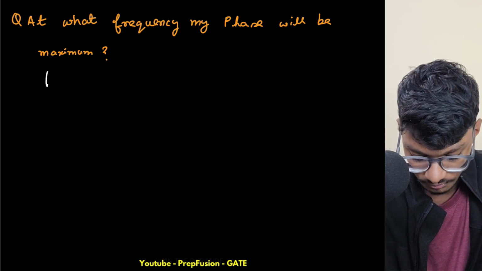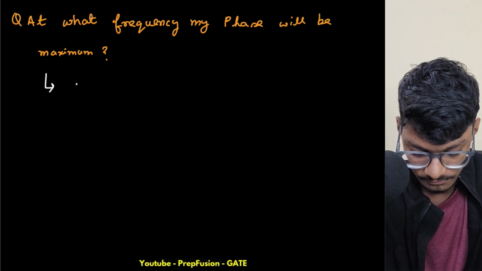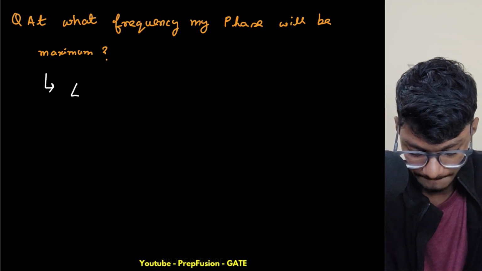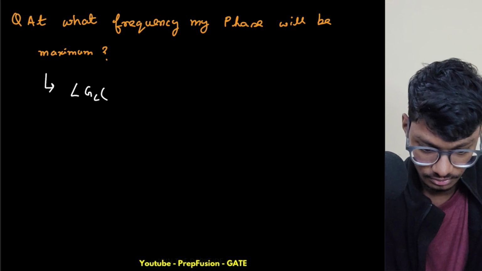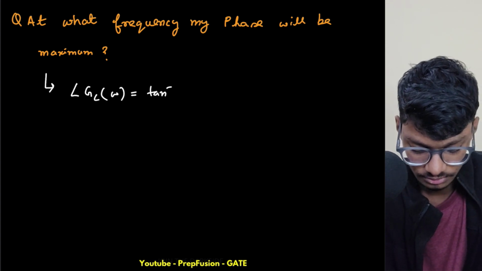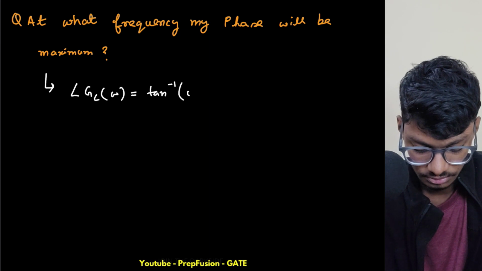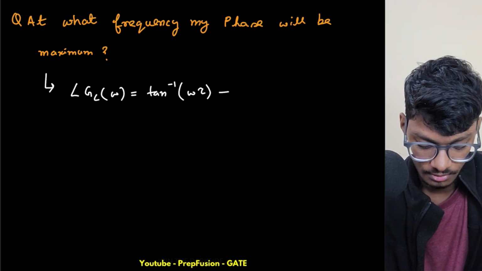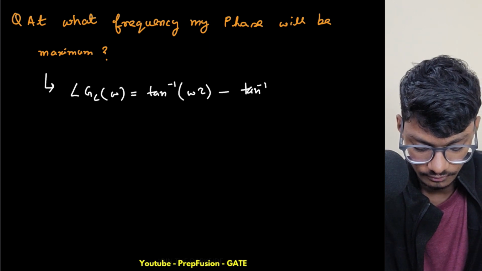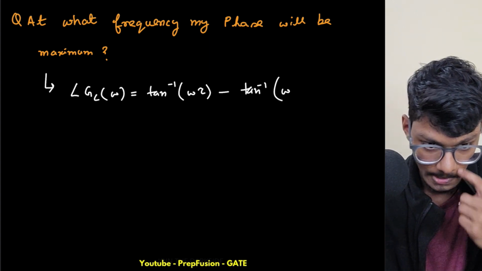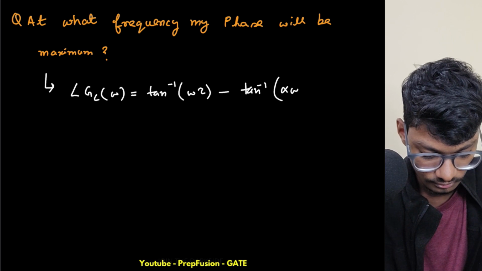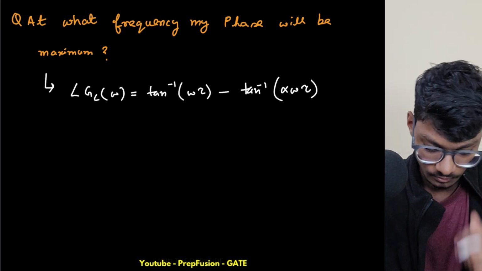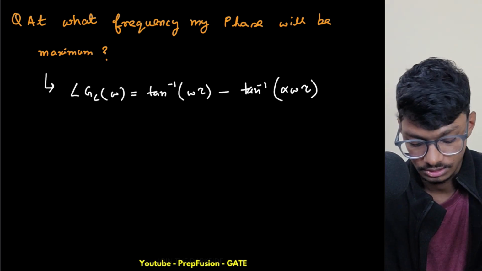Now my angle of GC of omega equals tan inverse omega tau minus tan inverse alpha omega tau. Okay, so this is the angle expression.